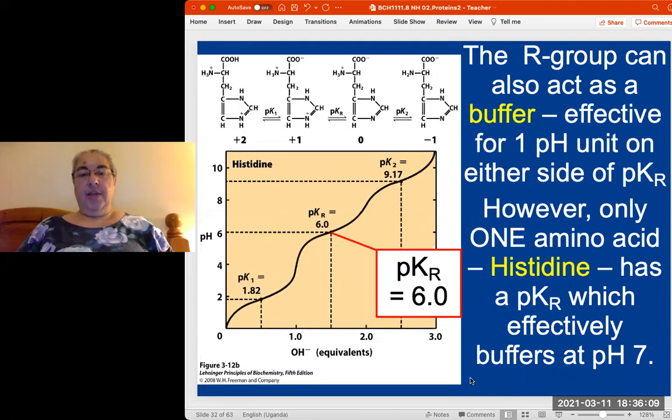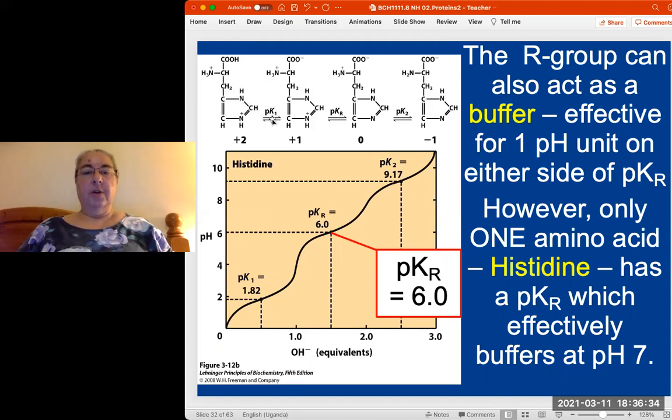Here is another titration curve for another amino acid, and this one is histidine. So this is the shape of histidine, and again here we see the release of a proton from the R group. Here the R group is a ring shape, okay?